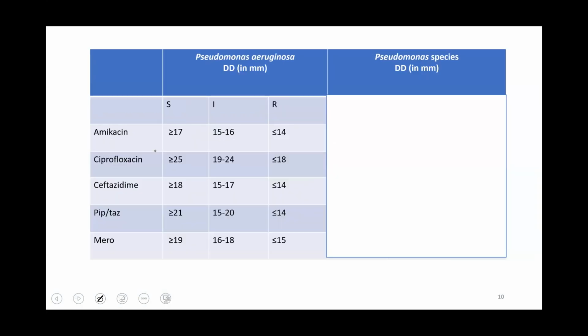Okay, fine, thank you. So can anybody tell me how you report, what breakpoint you apply for other Pseudomonas species in your lab? This is the CLSI breakpoint for Pseudomonas aeruginosa. Which breakpoint do you use for other Pseudomonas species, for any non-Enterobacterales group?